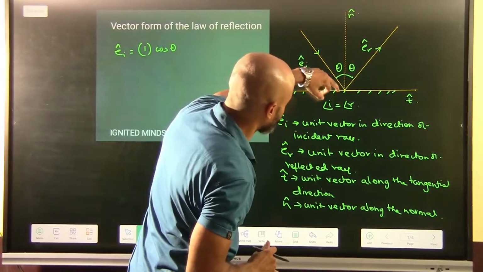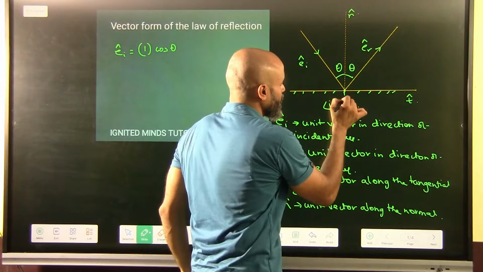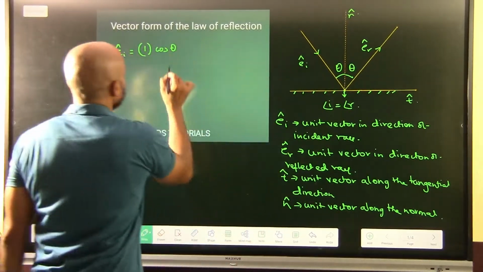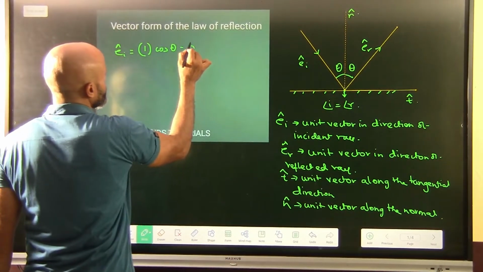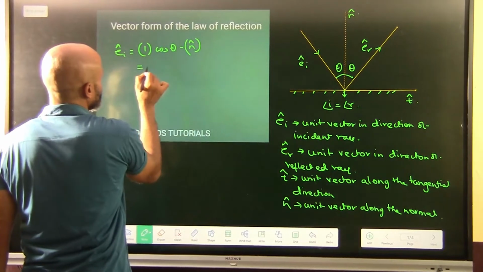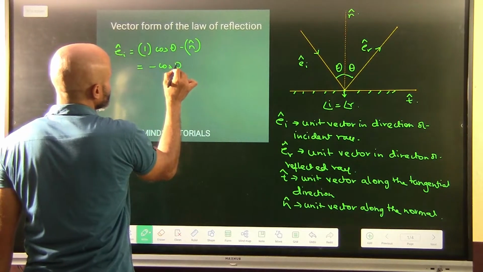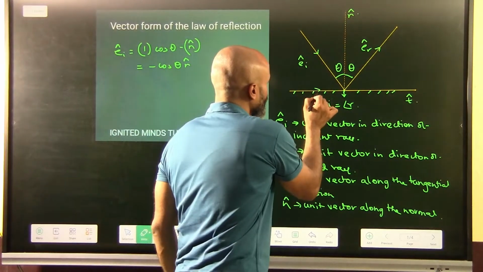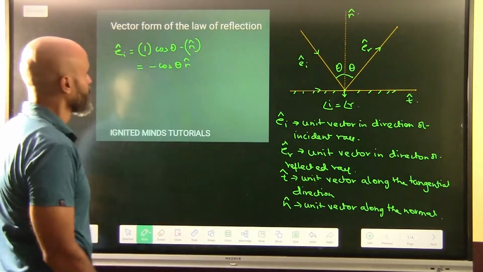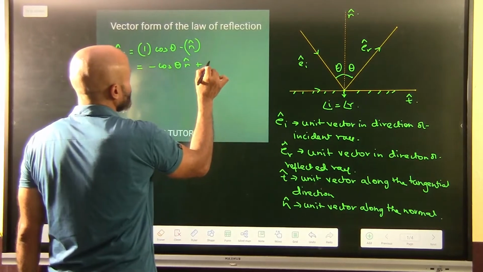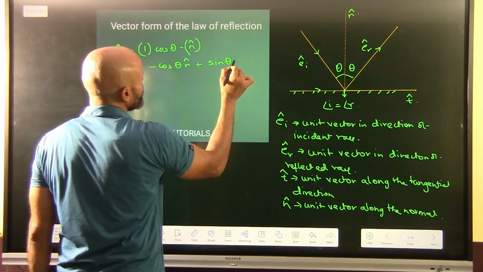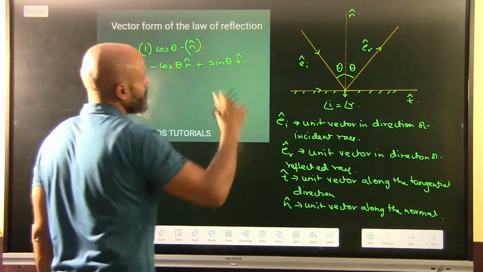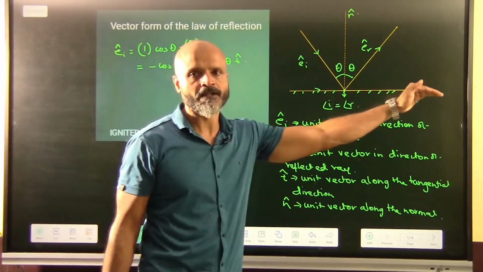Now understand this will go in this direction, against the normal, so this will be minus n. That is going to give you minus cos theta n. Now let's look at this component. This will obviously be in this direction, so this will be sin theta, and this will be a positive t, because it is going in this direction.